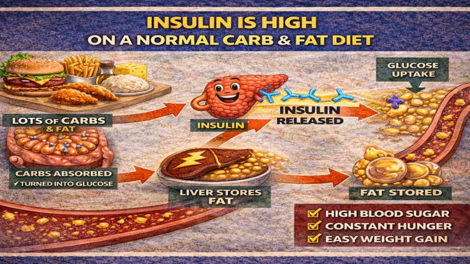And so looking at this diagram here, you can see a normal fatty, carby diet. We usually eat a lot of fat and carbs. So you can see here a lovely plate or board of fried chicken, rice, cheese, oils, French fries, or chips, as we like to call them in the UK.